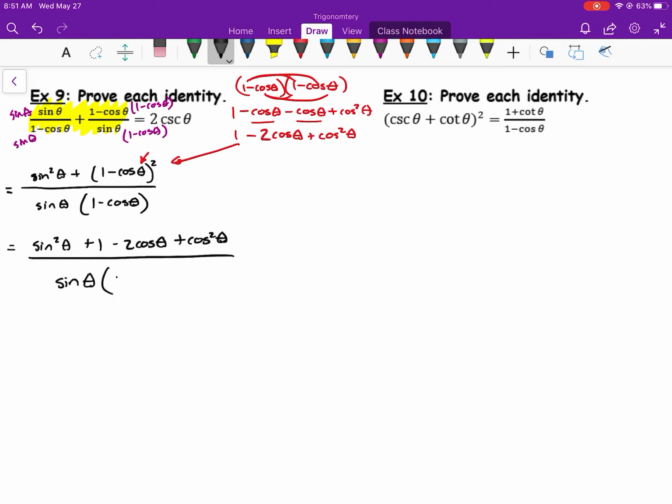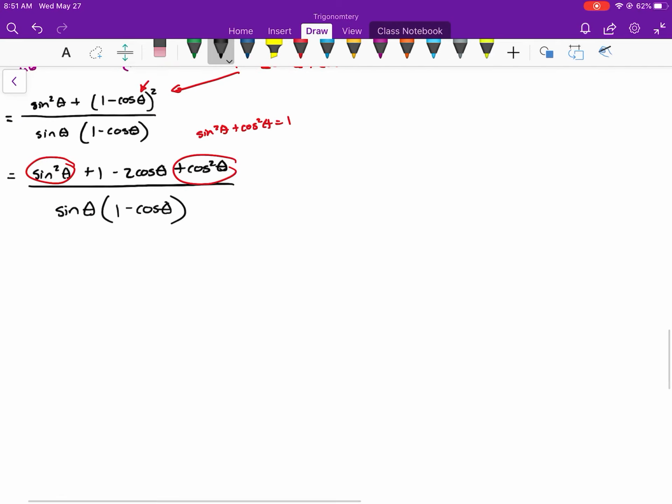Looks crazy. You gotta take a breath, look at it, and you see that something nice comes out of this. If you look, you get sine squared plus cosine squared. Remember, sine squared theta plus cosine squared theta equals 1. Alright, that's good. So we'll write 1 plus 1 minus 2 cosine theta over sine theta.